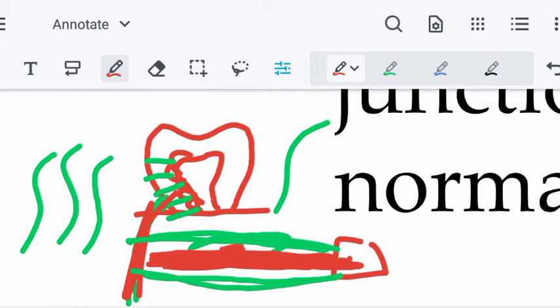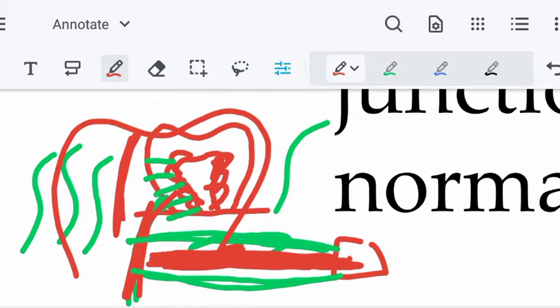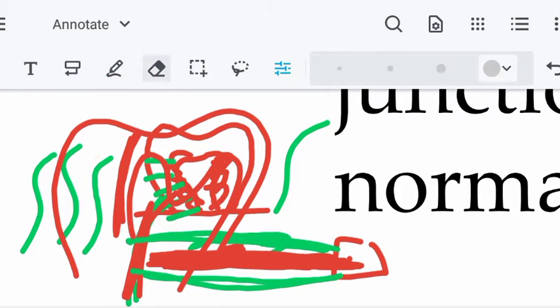If this is the tooth surface, this is the pulp surface. Odontoblast cells are present here. Odontoblast cells first form predentine. Wait, I'll show you again.